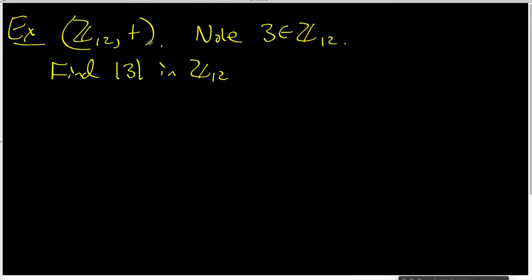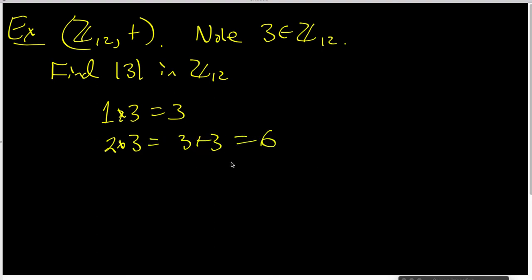Now Z12 is written additively, so instead of looking at powers of 3, I'm going to be looking at multiples of 3. So 1 times 3 is just 3. 2 times 3 is 3 plus 3, that's 6. 3 times 3 is 3 plus 3 plus 3, that's 9.